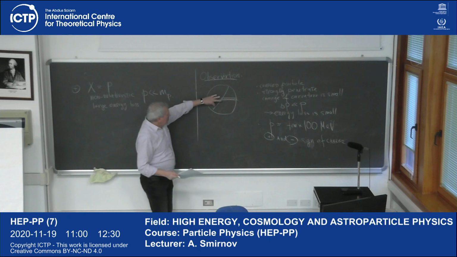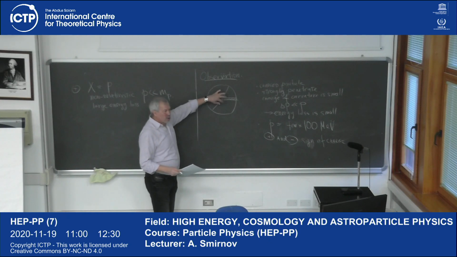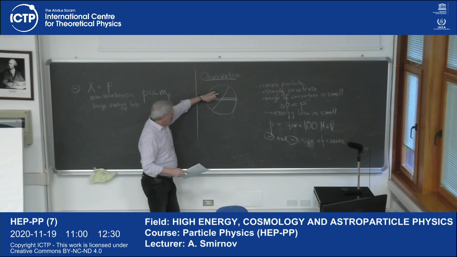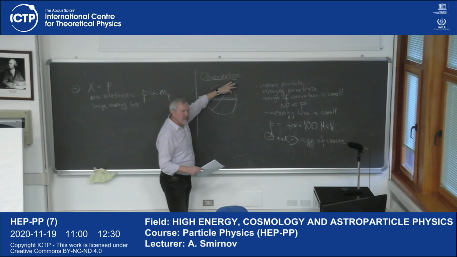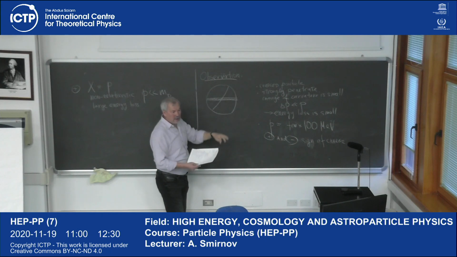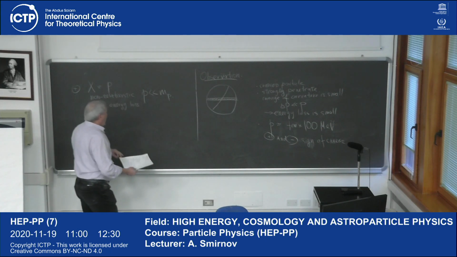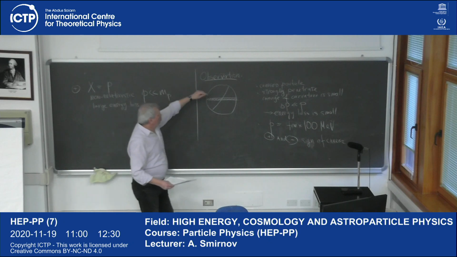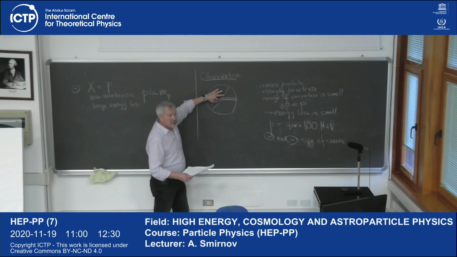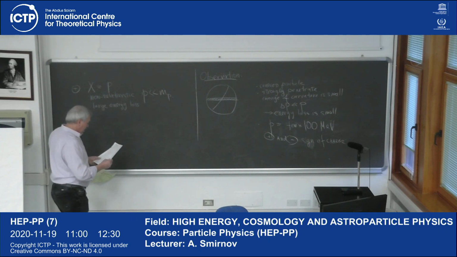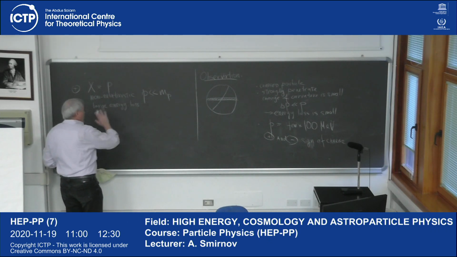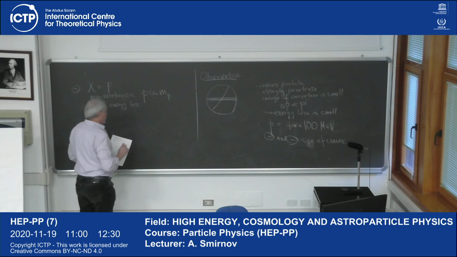And also the tracks should be thicker. Also one can not only measure the change of the curvature, but also see what is the thickness of the track. Already this gives you dE over dx. The thickness is proportional to dE over dx. And it is clear that the energy loss is small, both here, but also here. Here you expect in the plate very big energy loss. And so the proton doesn't match this picture.